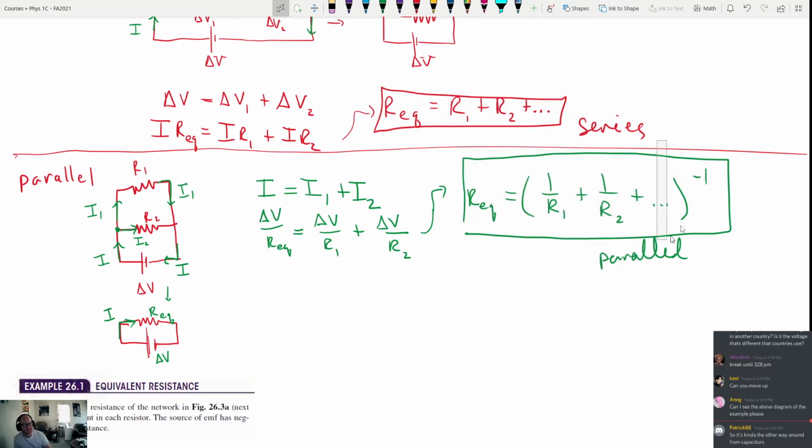So it's exactly the opposite. If we had actually defined capacitance to be the inverse of what we defined it to be, then they would have been exactly the same, if that makes any sense. But we didn't.